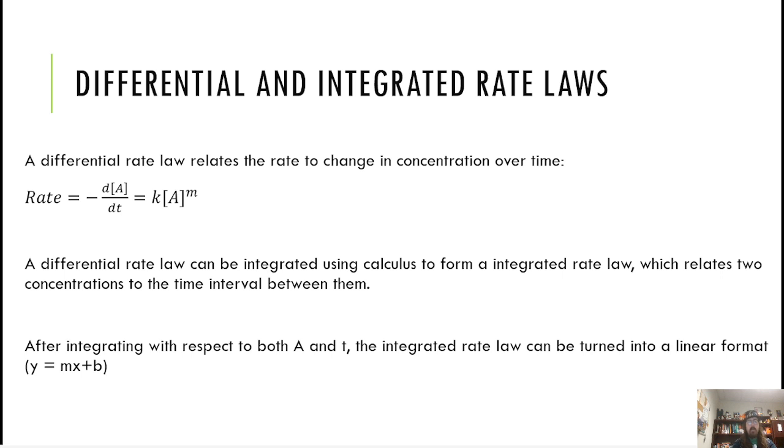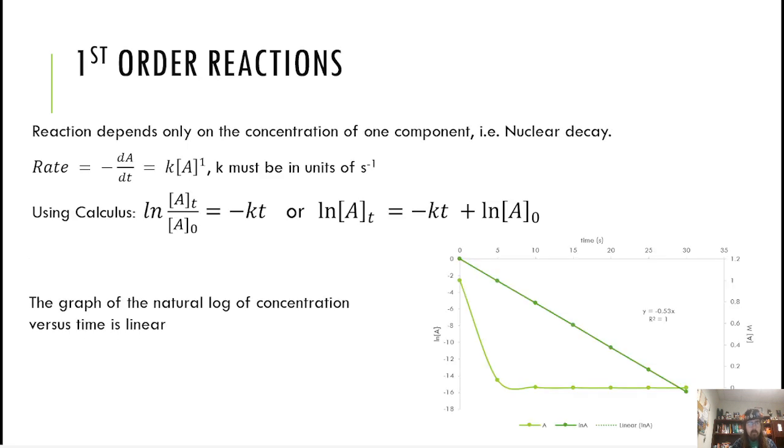You can relate two different concentrations at two different times, and by using this, we can learn a lot about our system. The integrated rate law is far more useful than the differential rate law. However, we usually need to find the differential rate law first.